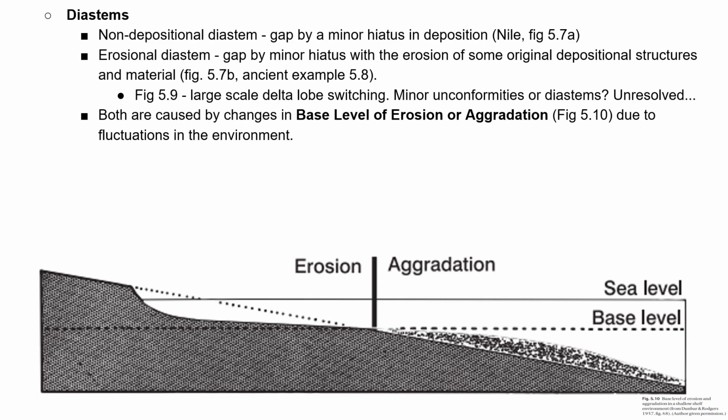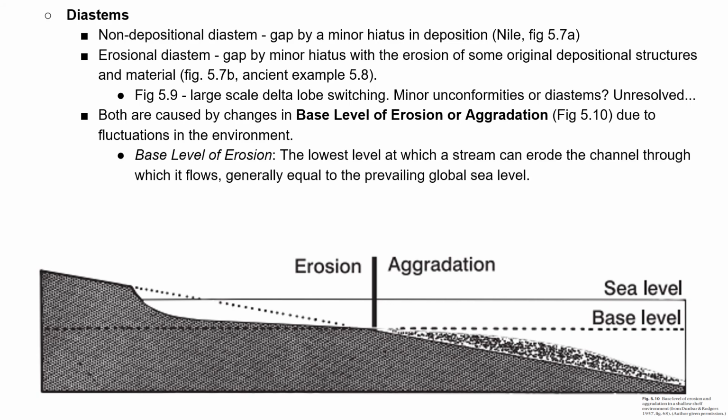Notice that we remove material from the erosion side and it gets deposited at the aggradation side, and this is based on how sea level changes. Base level of erosion is the lowest level at which a stream can erode through the channel that it's flowing through, generally equal to the prevailing global sea level. Okay, so rivers typically aren't going to erode further down than base sea level.